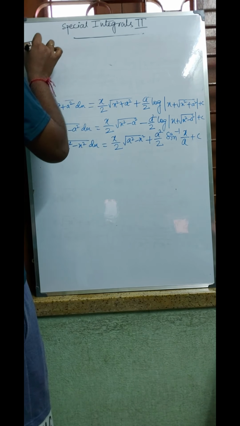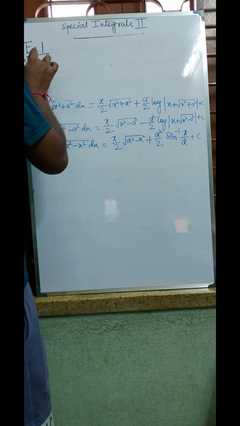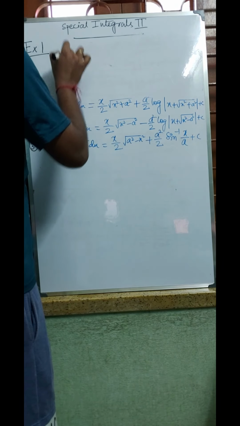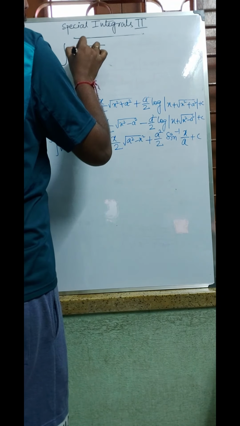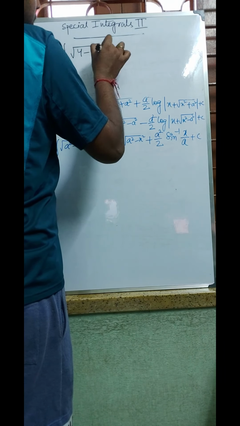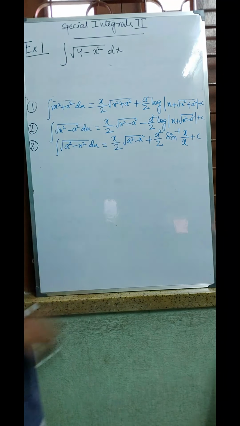So this is example 1, that is integration of under root 4 minus x square dx. So let us take this.